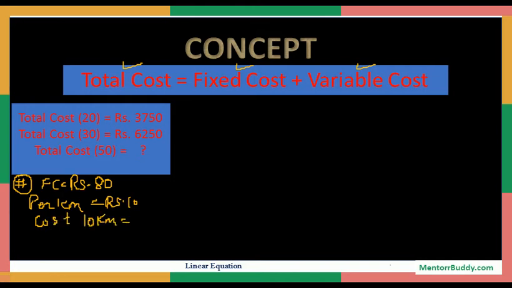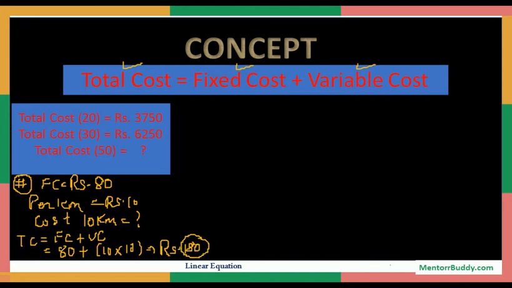For 10 kilometers, what will be the total cost? So we know that total cost is dependent upon the fixed cost plus variable cost. So we can see fixed cost is rupees 80 and variable cost for per kilometer is 10 rupees. So for 10 kilometers it will be 10 into 10, that will be equal to 180 rupees. So that is going to be the total answer in this case.